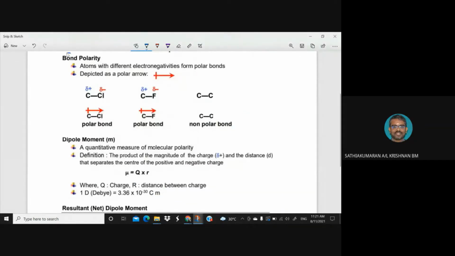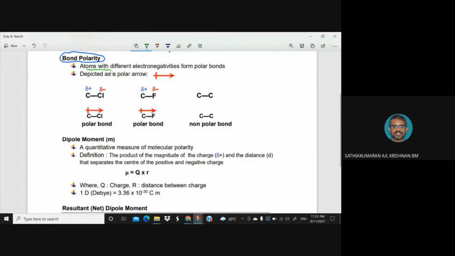Now we want to study the meaning of bond polarity. Before this, we already studied polar bonds, polar molecules, and positive dipole and negative dipole and how to label them. Now, what is the meaning of bond polarity? Let us see the lesson.